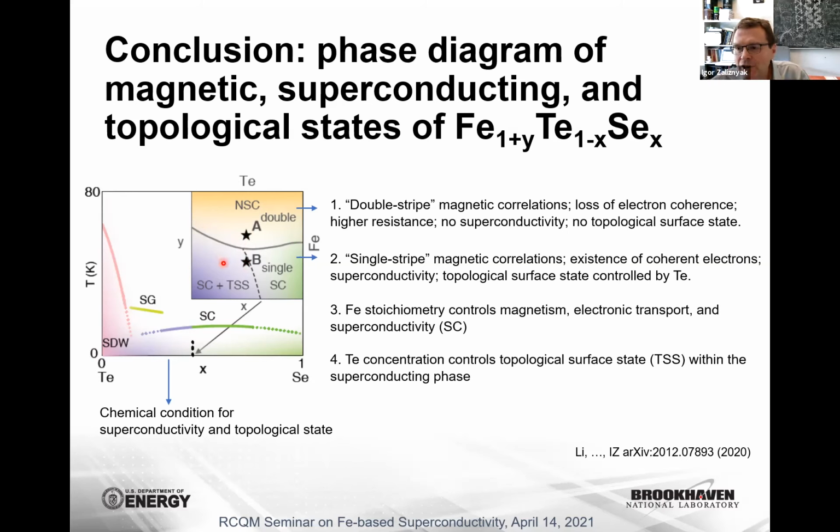So, in fact, even if samples would have been ideally stoichiometric, because that stoichiometry puts them in the proximity of phase transition lines, the electronic fluctuations that are intrinsic to those phase transition lines would be unavoidable. So the key to harnessing these topological surface state and superconductivity would be to try making a sample down here in the region of the phase diagram which is farther away from the phase transition lines.